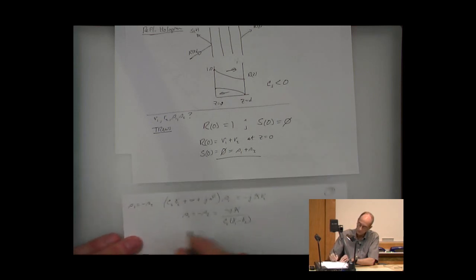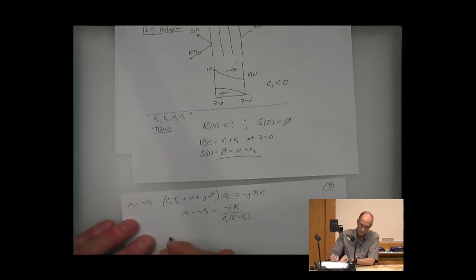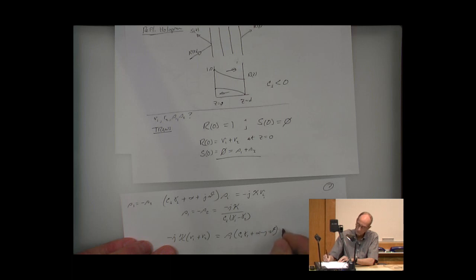All right, and we can write this equation here as minus j kappa times R1 plus R2 is equal to S1 times C sub s gamma 1 plus alpha minus j times the detuning parameter, plus S2 times C sub s gamma 2 plus alpha plus j times the detuning parameter.